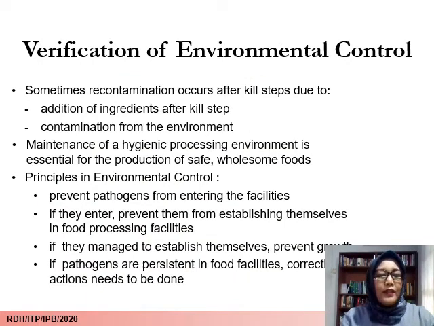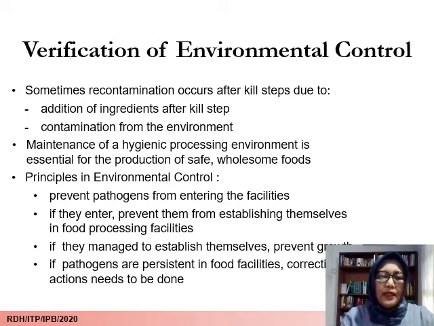Sometimes you get recontamination in your product after the kill steps because of the addition of ingredients or because of contamination from the environment. So one other means to assure the process control is by monitoring the environment. Maintenance of a hygienic processing environment is essential for the production of safe and wholesome foods.